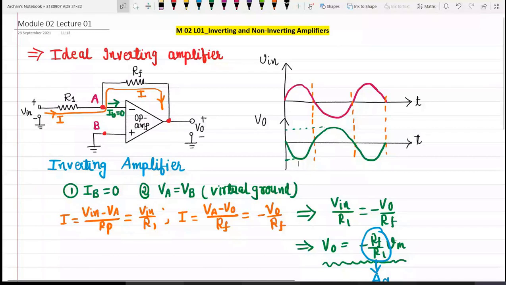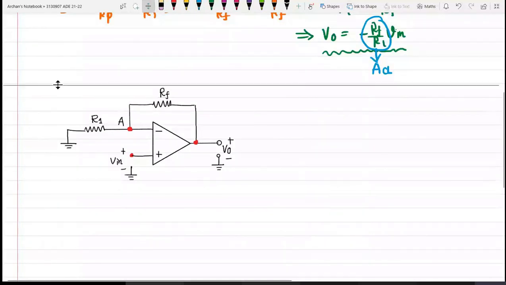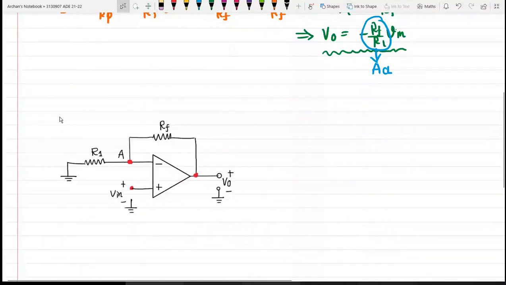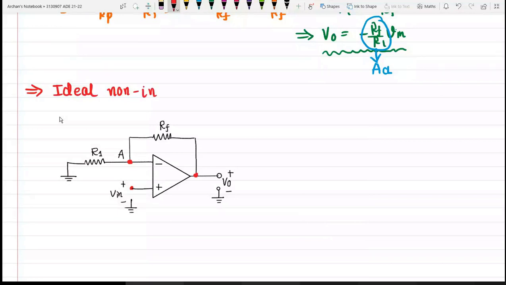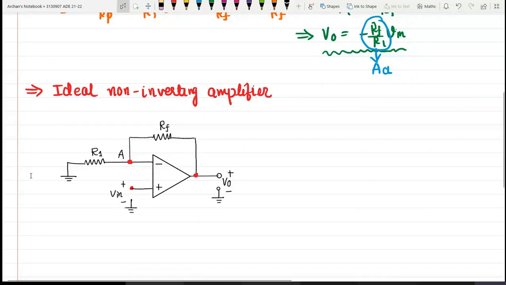Okay, and this is the circuit which represents the non-inverting amplifier. We are talking about the ideal case only. So, an ideal non-inverting amplifier. An amplifier which amplifies the input without producing any phase shift between input and output is called a non-inverting amplifier.